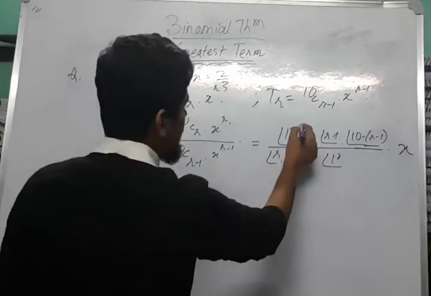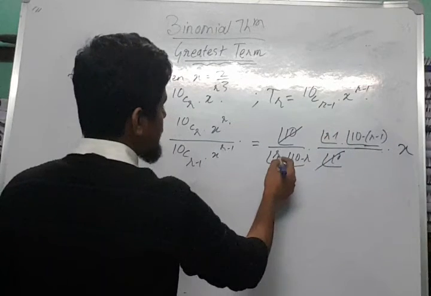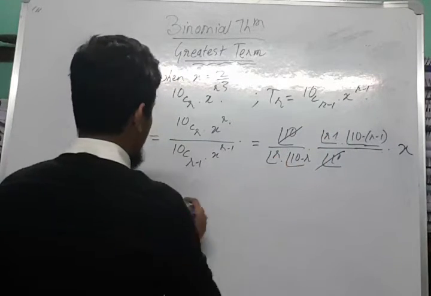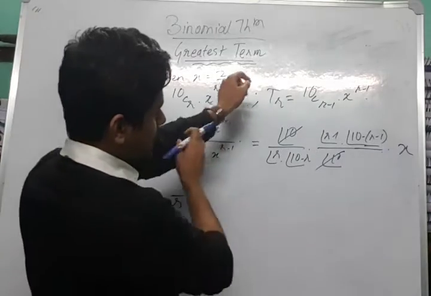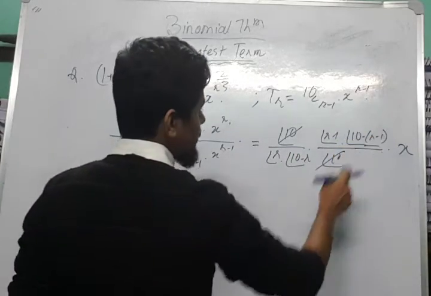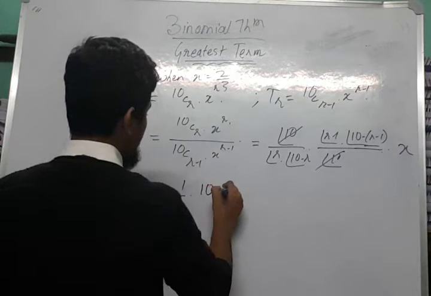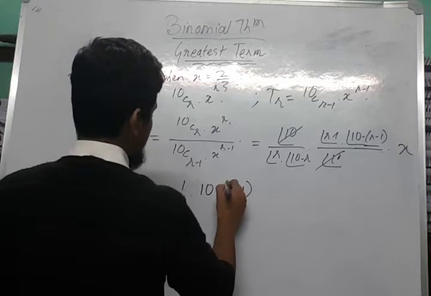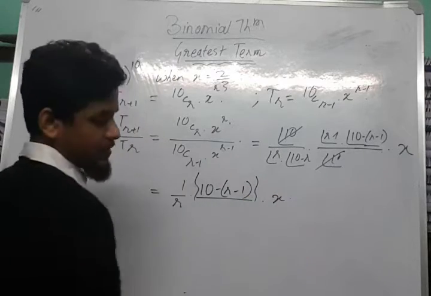So as you can see over here, factorial 10 and factorial 10 will cancel out. Factorial (r-1) will cancel out from factorial r, and we'll be left with 1/r. And then we have (10 - r) and (10 - r + 1), so we'll be left with (11 - r) in the numerator, and then we have x as always.